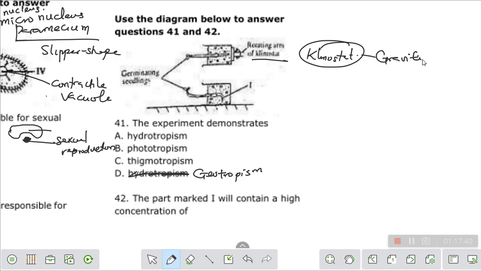Is it because of ethylene? Is it because of acetic acid? Is it because of auxin? Is it because of ascorbic acid? Here was the answer. You can see that all these things are very important. So quickly think.